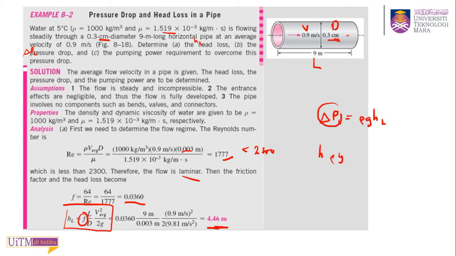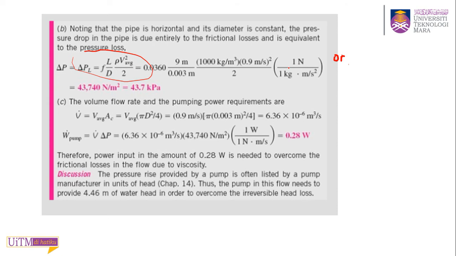If you want to double check this, we can check it. H, the 4.46, times rho times g: 4.46 times 1000 times 9.81, you will get the same value as this one, 43.7 kilopascal.